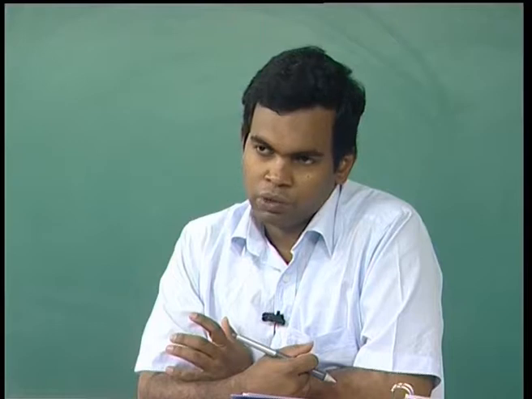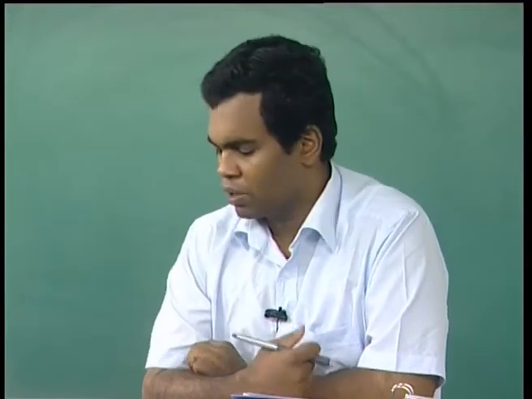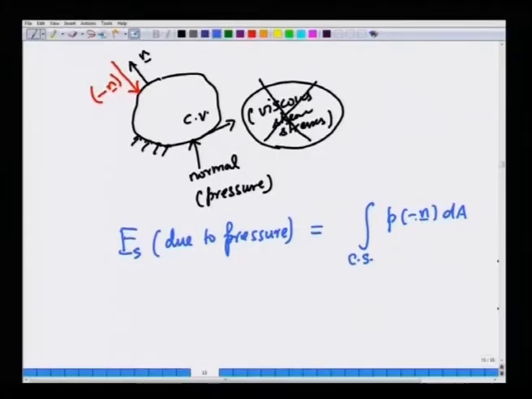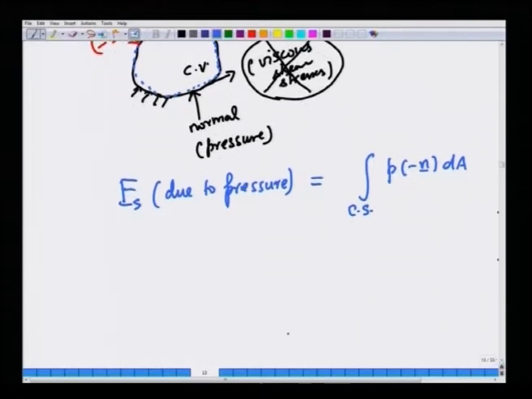So, we have to put in the direction explicitly, minus n, while calculating the surface force. Since the pressure can in principle vary at various points along the control surface, we have to integrate the pressure over the entire control surface to get the surface force due to pressure.